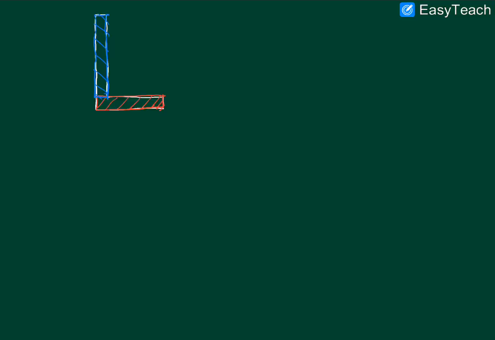What is easy, however, is to consider how we may find out the centroid by considering it to be composed of these two rectangles. In order to find the two coordinate points representing the centroid, we first imagine that our starting origin is here.